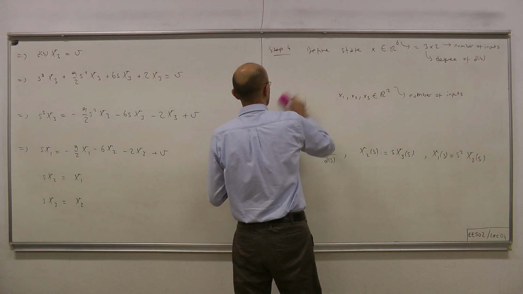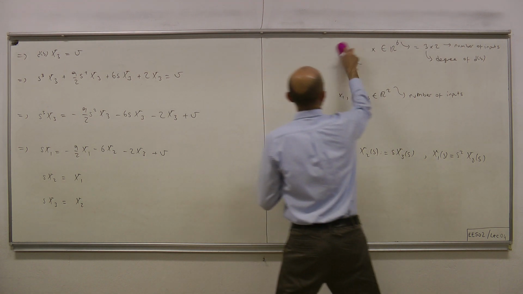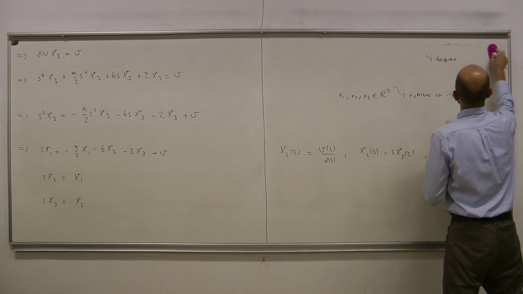So that means we're very close to our A and B matrices.